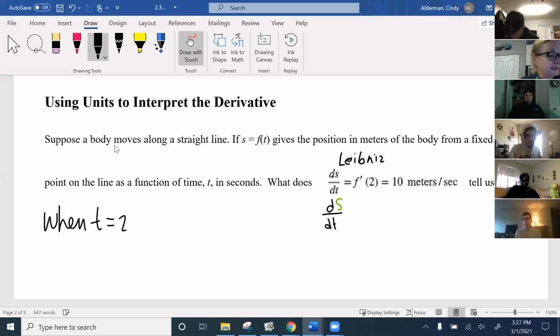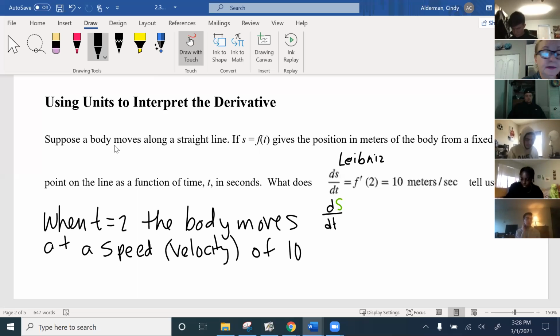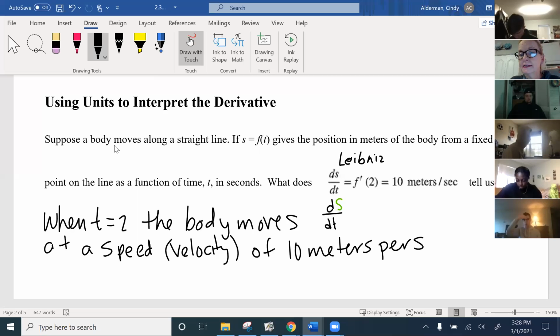we're talking about speed, right? Then you can say that the body moves at a speed, and in this class we call it velocity, of 10 meters per second. And notice I'm using a rate, right?